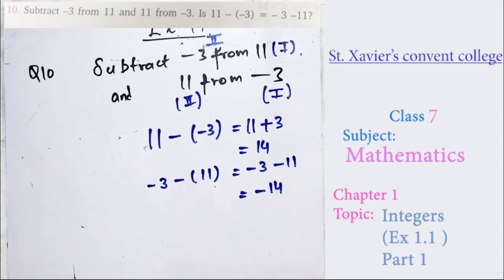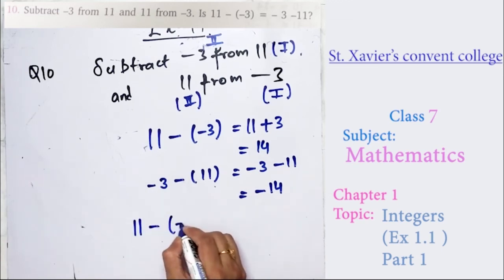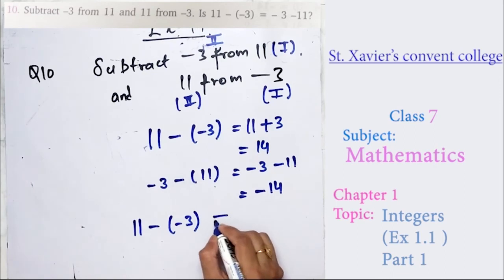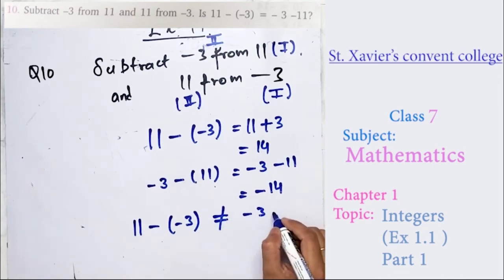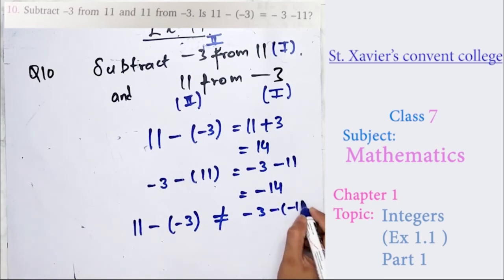You can see here that 11 minus of minus 3 is not equal to minus 3 minus of 11.